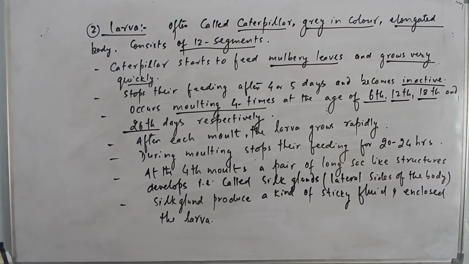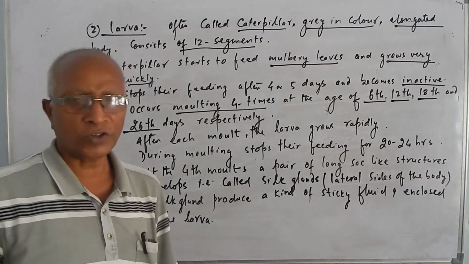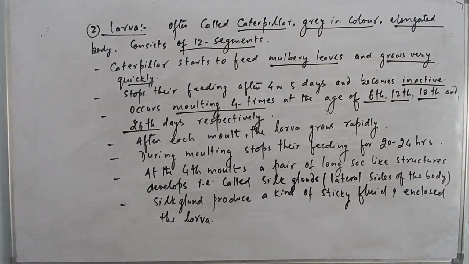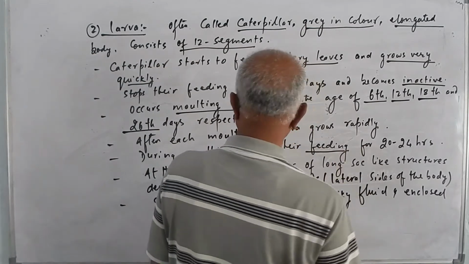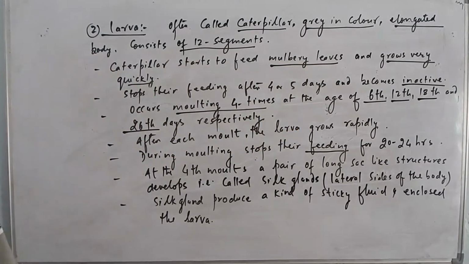After each molt the larva grows rapidly, and during molting they stop their feeding completely, and that period is 20 to 24 hours.